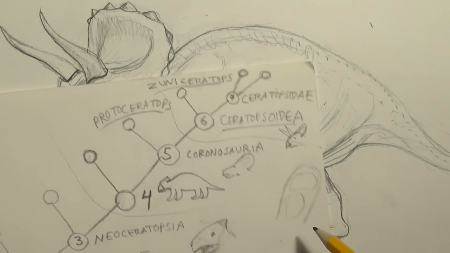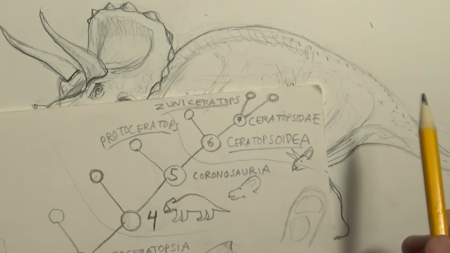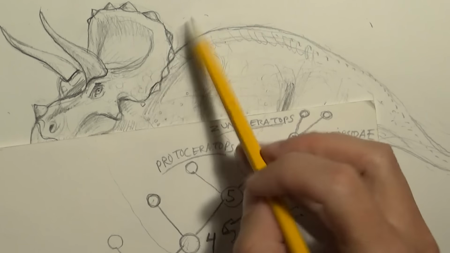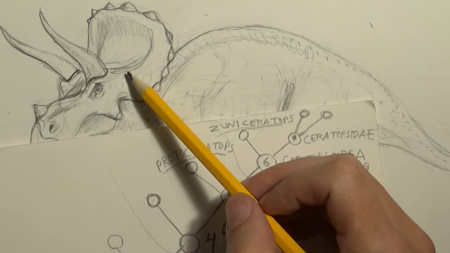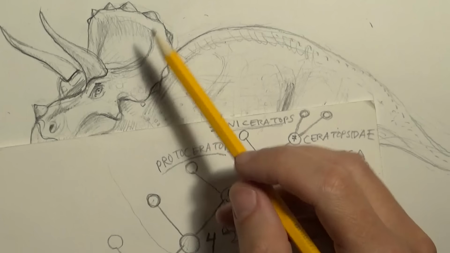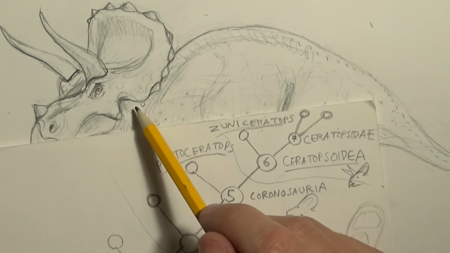And Triceratops is actually part of this group with really large frills. But the thing is that the size of the frill of Triceratops is not so large compared to the others in that group. But it's solid, it has no holes in it. It's really compact.